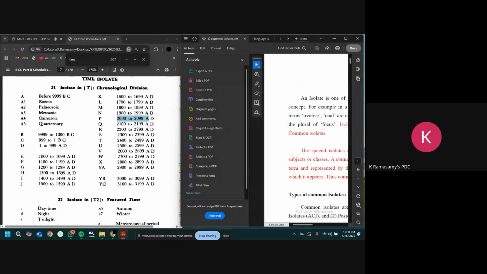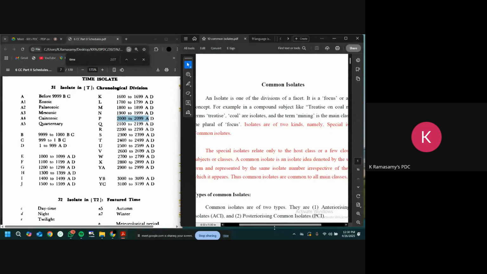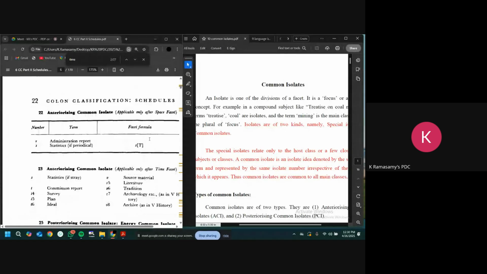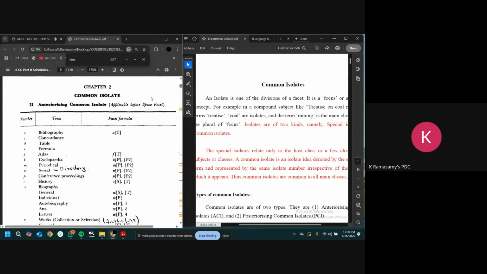Devices we have seen. Okay, then come common isolates. Where are common isolates? Common isolates are given just after the main class, in 2 pages. See, common isolates are those isolates, those numbers, those concepts which can be applied to any subject, any main class, any canonical division.